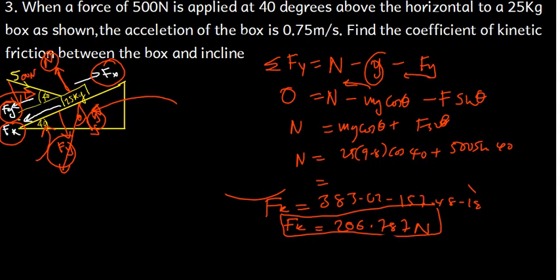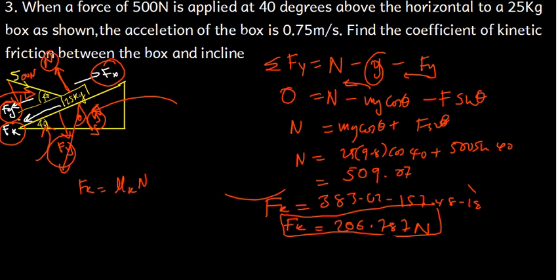Okay, so if we press on the calculator, 25 multiplied by 9.8 and then cos 40, and then plus 500 sine 40 also. I noticed that I had used 30 degrees instead of 40 when I was punching on the calculator. That was supposed to be 509.07. So if we come, we say kinetic friction is given by mu k times normal force.